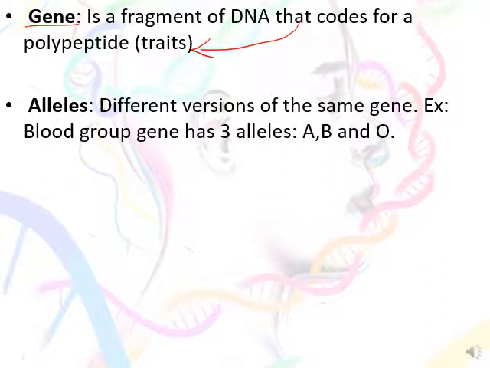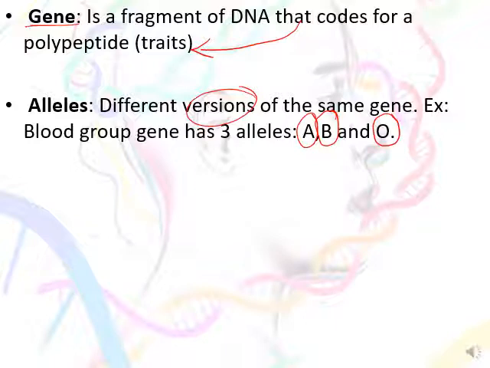What are alleles? Alleles are different versions, or we can say different models, of the same gene. Let's say about the blood group. In the blood group, we have three different alleles: allele A, allele B, and allele O. Later, we will talk about what dominant and recessive mean.